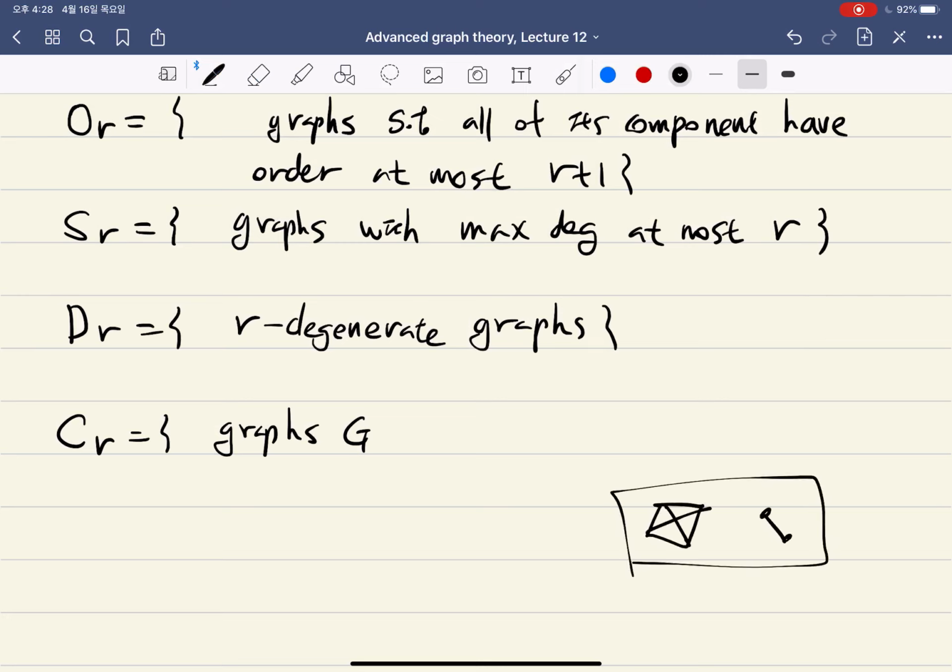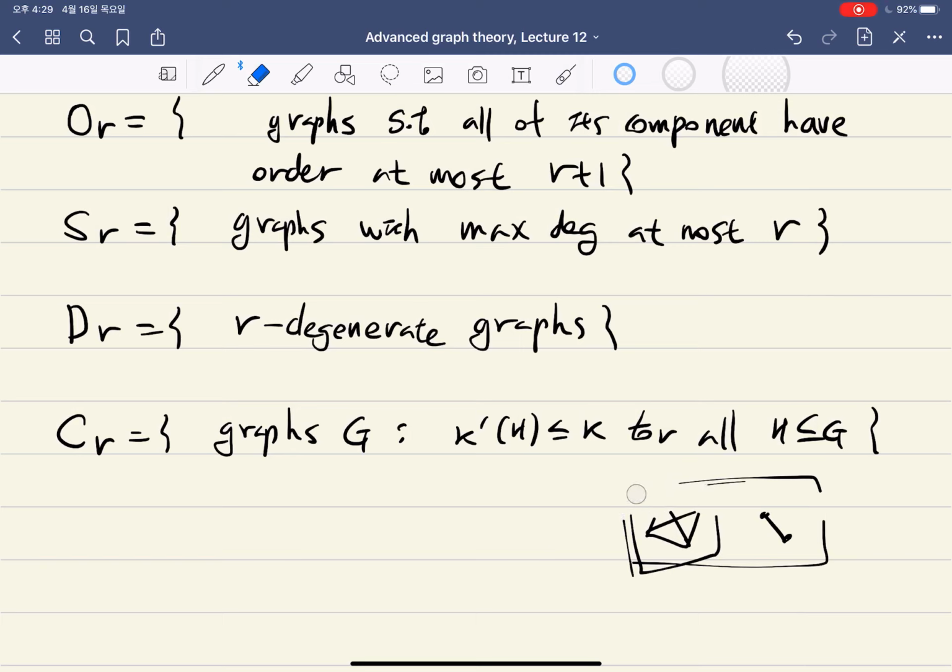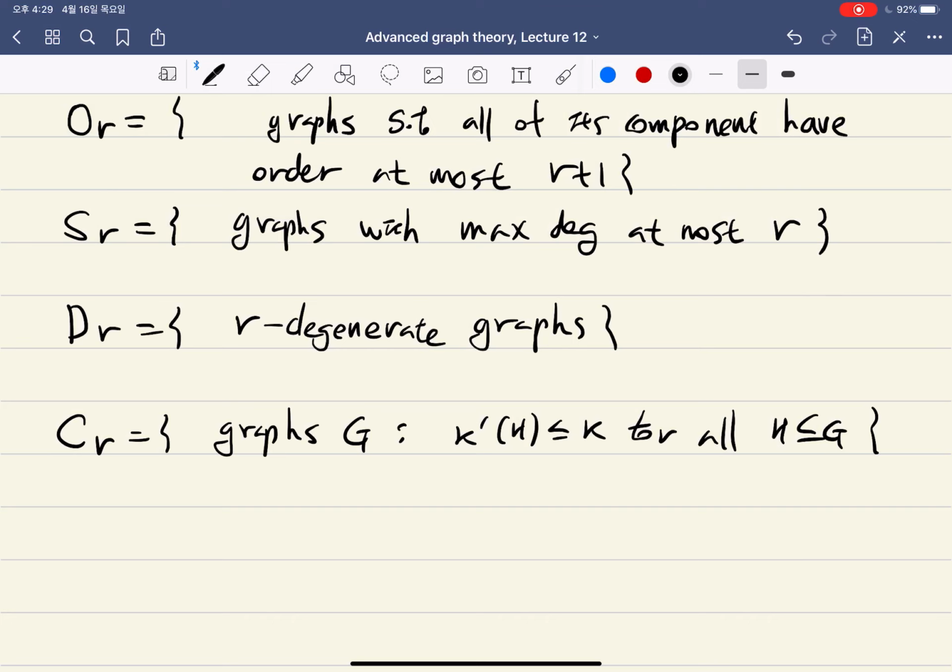This graph has connectivity 0, so we give connectivity 0 for this disconnected graph. But a subgraph of it has higher connectivity. So it's the collection of graphs G such that every subgraph of it has connectivity at most R. Again, this is R, sorry.